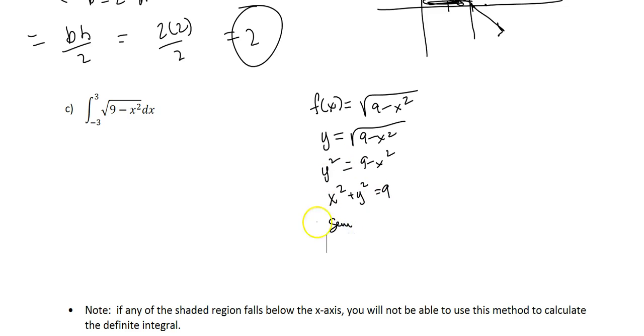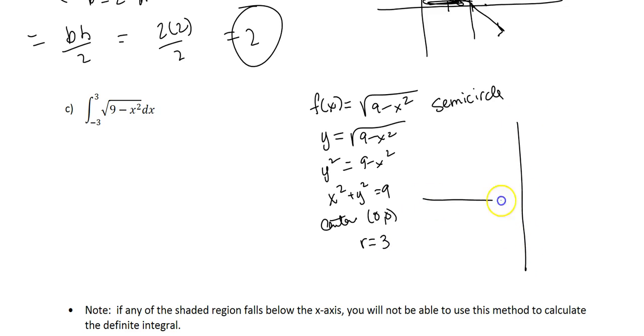So this is going to be a semicircle where the center is 0, 0, and the radius is 3. Since we've only got the positive square root, we only want to look at the positive half. So it looks like this.